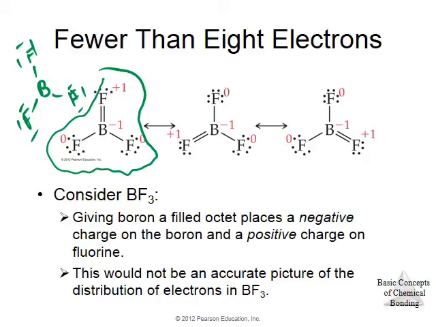When you have a double bond, the formal charges are not very favorable. This fluorine gets +1, boron is -1, so a highly electronegative element gets +1. That's why these kinds of structures are not very attractive. So we say this is the best structure for boron trifluoride. In other words, there will be no double bond between boron and fluorine.